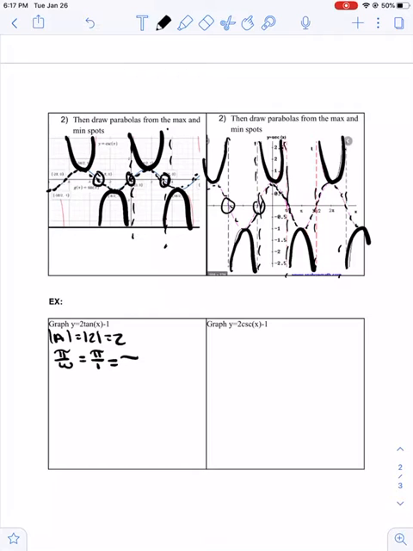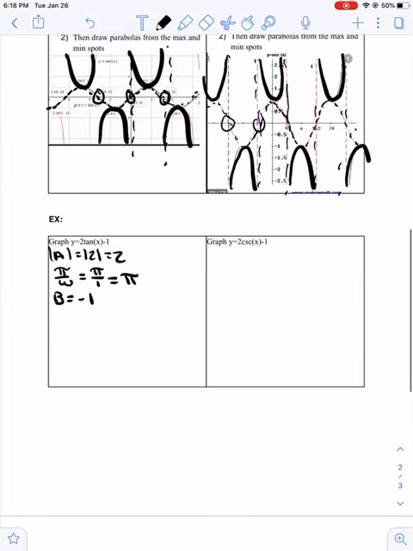So pi divided by 1 equals pi. So our period is pi on this graph. Next, we have a vertical shift of -1. So our B value equals -1. Vertical shift, we're going to shift this down 1. So let's put it all together.